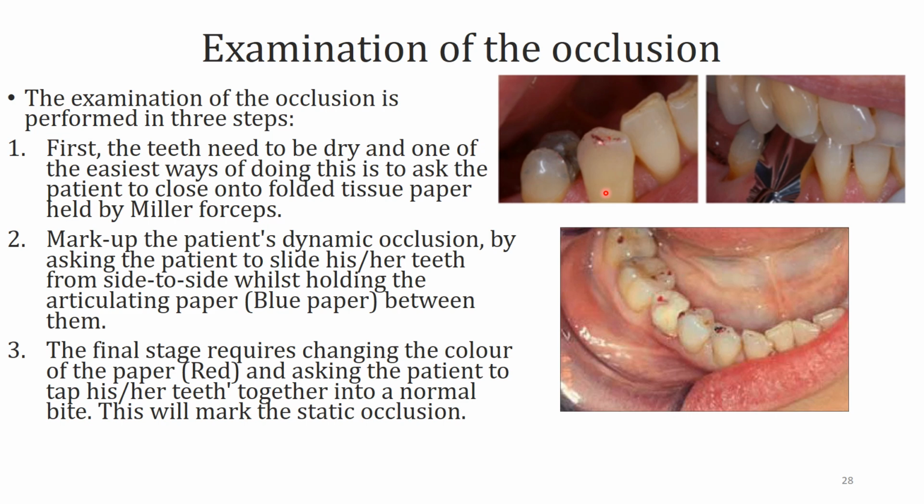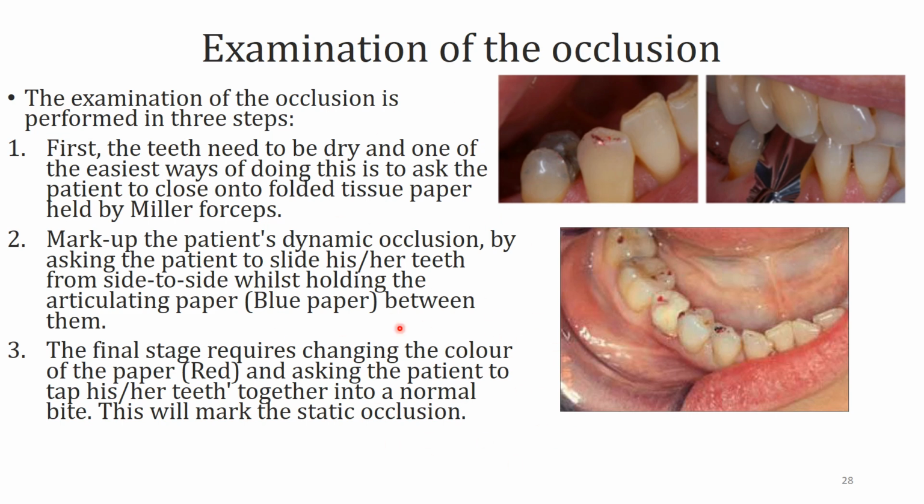The dynamic occlusion, if you remember, is the momentary contact during the movement, which is done in the lateral excursions. However, when the patient closes the jaw properly, you will see the red marks, and those denote the static occlusion.